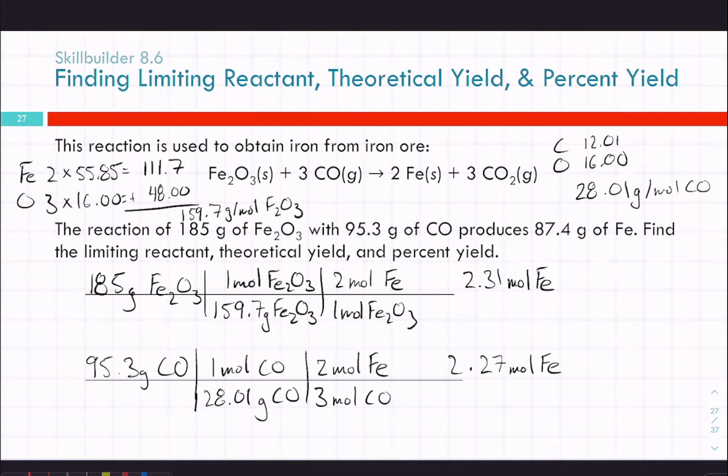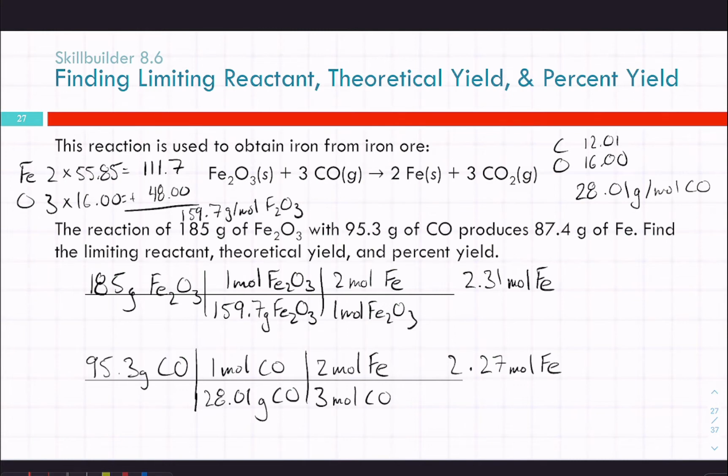How do I know you said iron oxide, right? Do a comparison between iron oxide and iron. How do I know which ones I'm comparing? Does it say right here? I'm not a big fan of the way this one's worded, because it's just sort of implied that this 87.4 grams of iron is the actual yield.